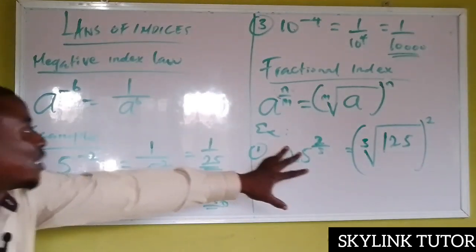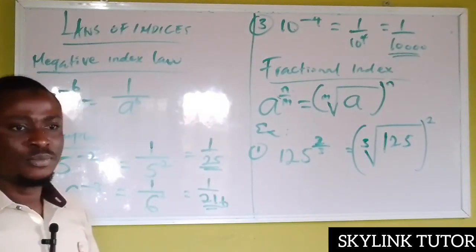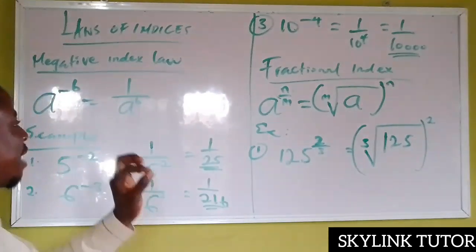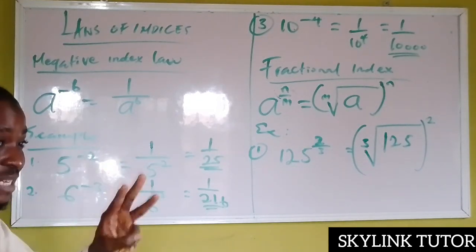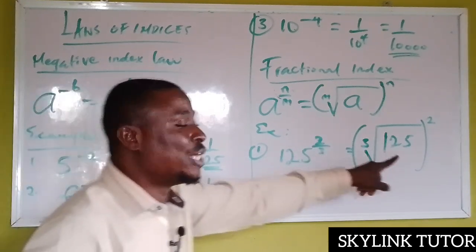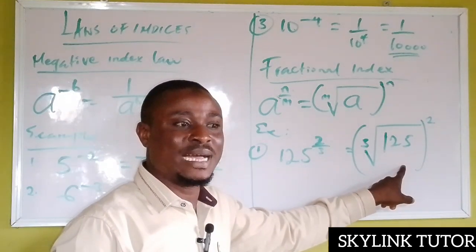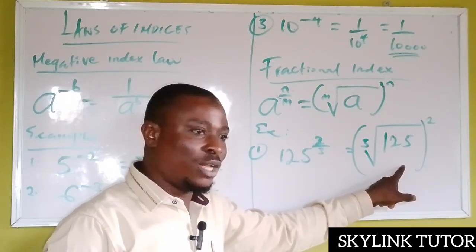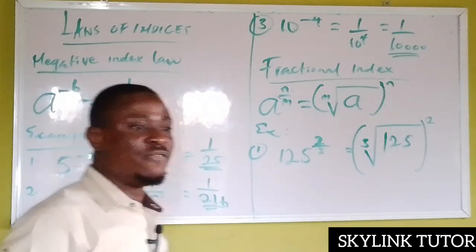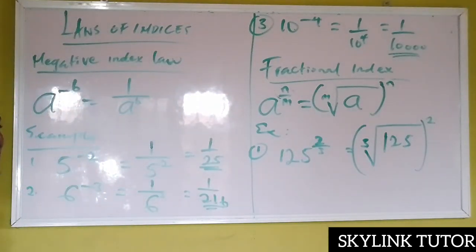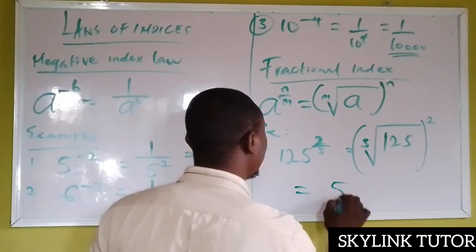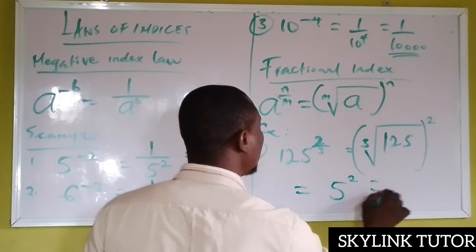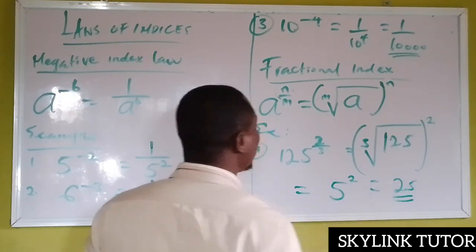What this actually means is: which number can you multiply 3 times to give you 125? If I say 5 times 5, that is 25. 25 times another 5, that is 125. So my answer here is going to be 5 raised to power 2, and that is 25.